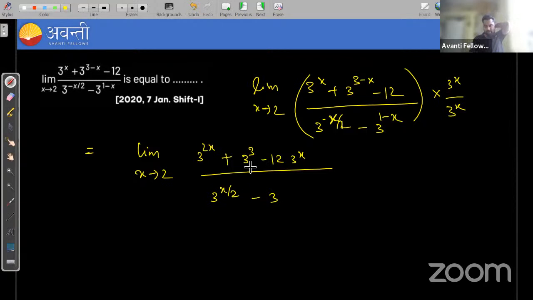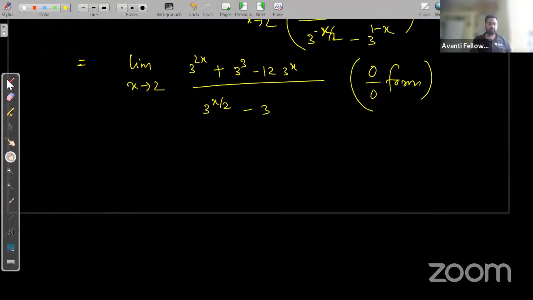Now we can see this is in the 0 by 0 form also. If it is in the 0 by 0 form, we can use L'Hopital's rule here. So now use L'Hopital's rule. What is happening here? Let's see. Limit as x tends to 2. Try to differentiate the first.